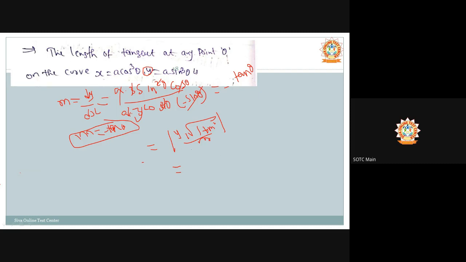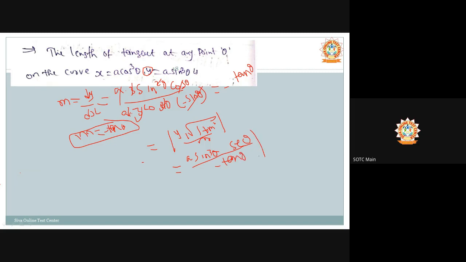So simply a sin cube theta into under root 1 plus tan square theta will come what? Secant square theta. Under root secant square theta will become what? Secant theta, divided by minus tan theta.